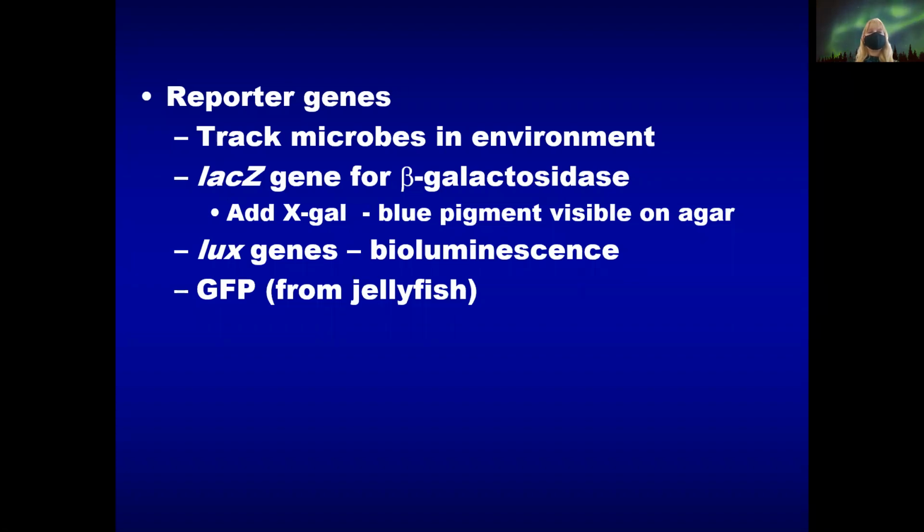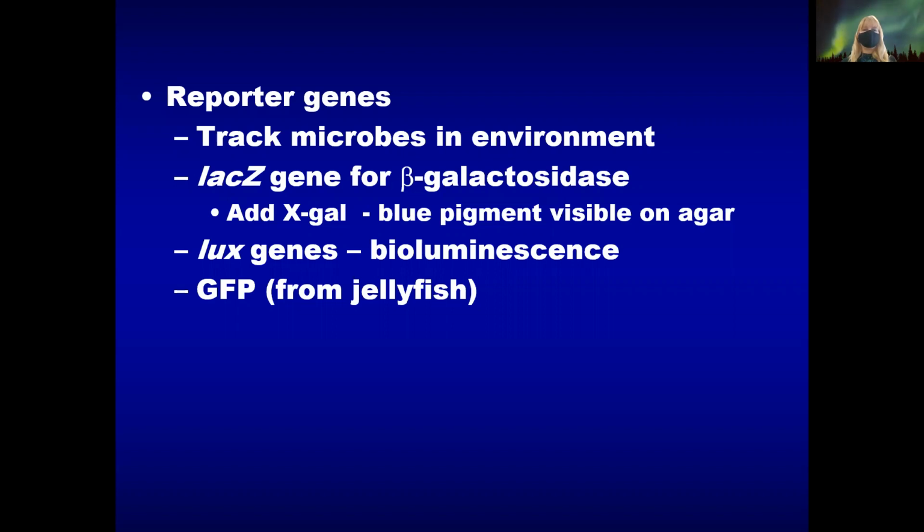It makes sense to do some kind of tagging like this when, like I said, you are asking: I want to put this microbe into the environment and see what happens, and track it over time and see if it can persist in the environment or not. It's a way to assess that.